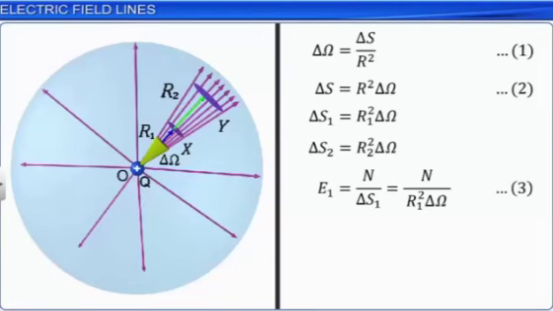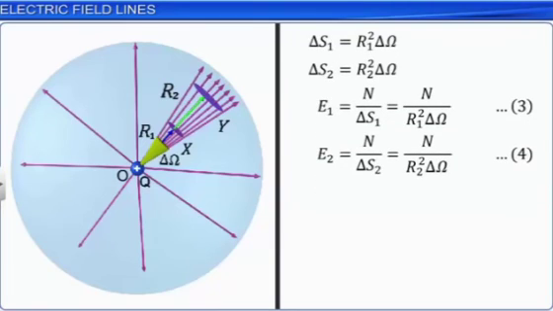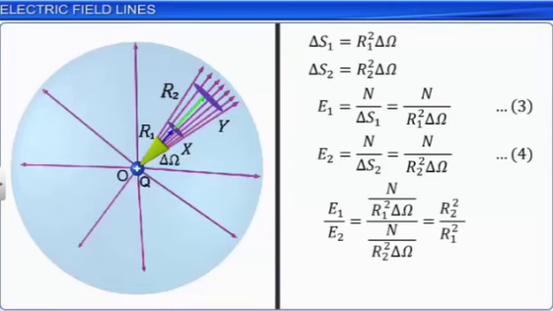Similarly, electric field strength E2 at y is equal to n by delta S2, equal to n by r2 square into delta omega. Let this be equation 4. If we divide equations 3 and 4, we see that the ratio of the electric field strengths at x and y is equal to r2 square by r1 square.